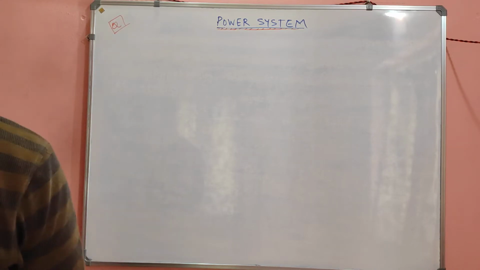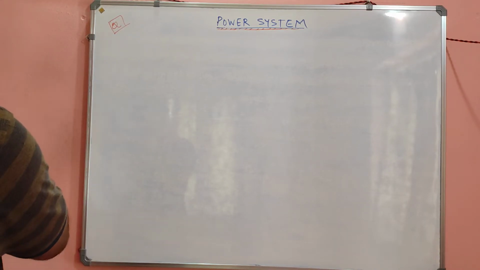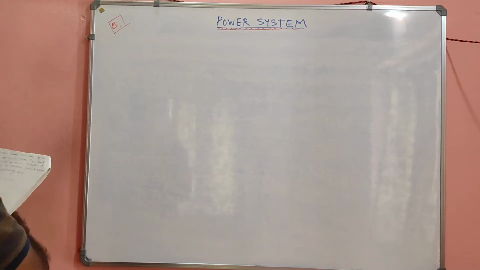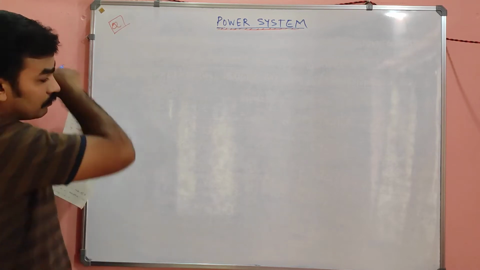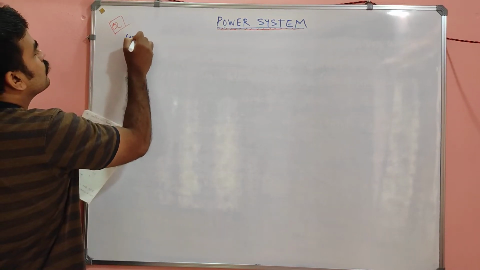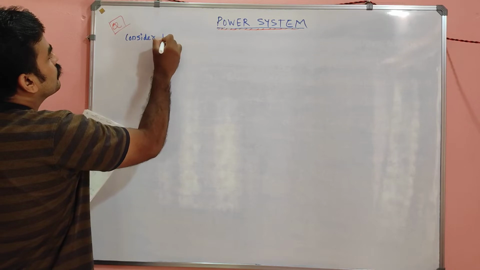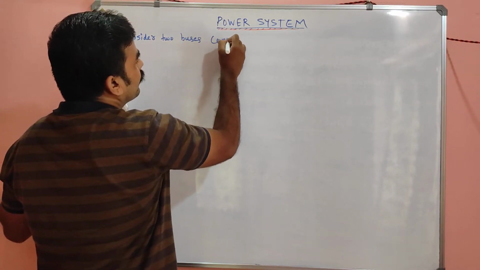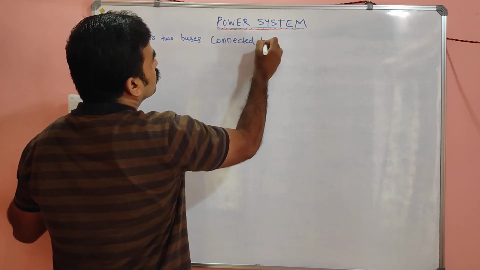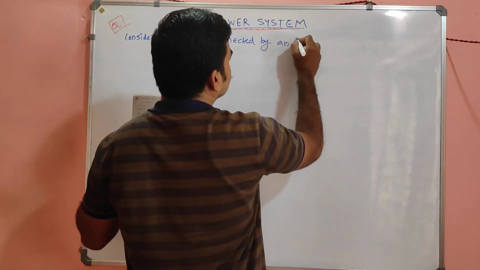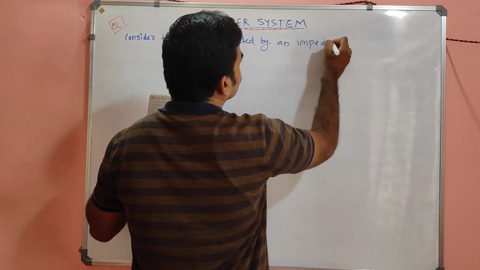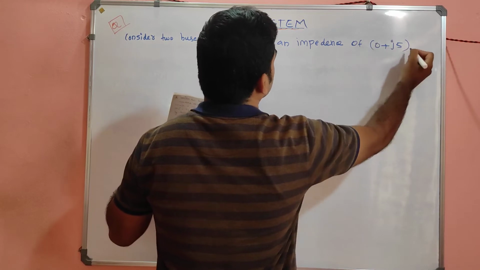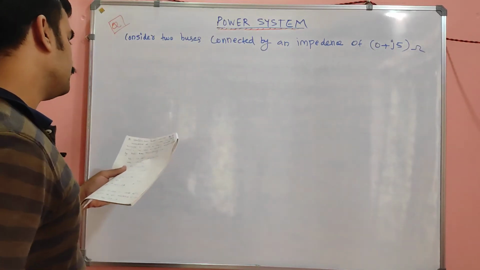Okay, see the next question. Consider two buses connected by an impedance of 0 plus j5 ohm.